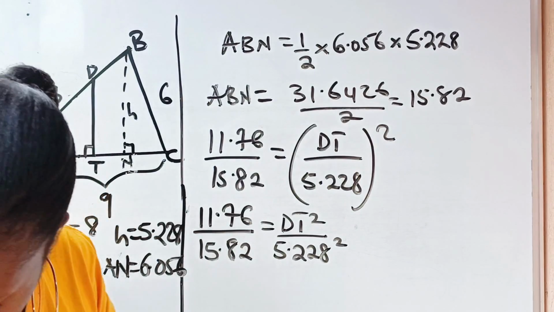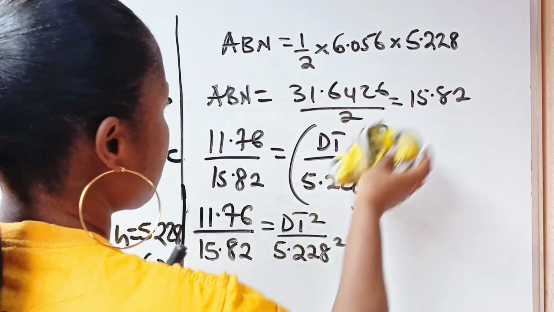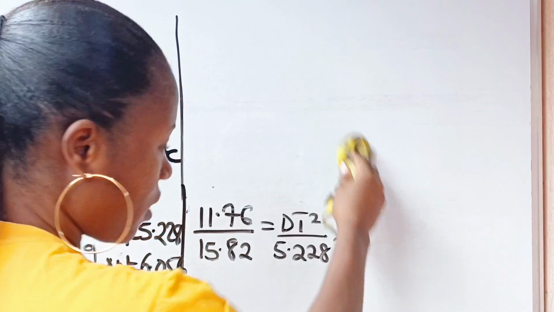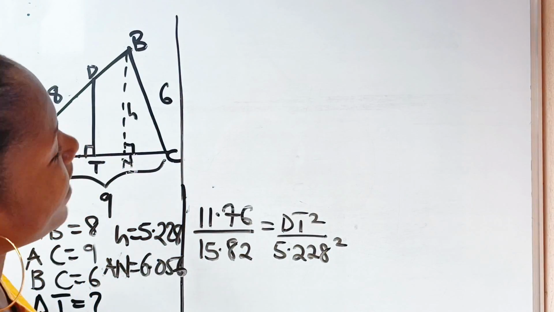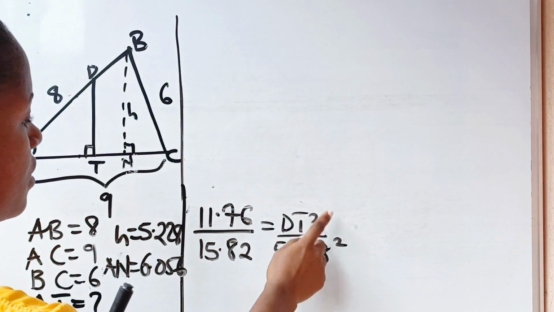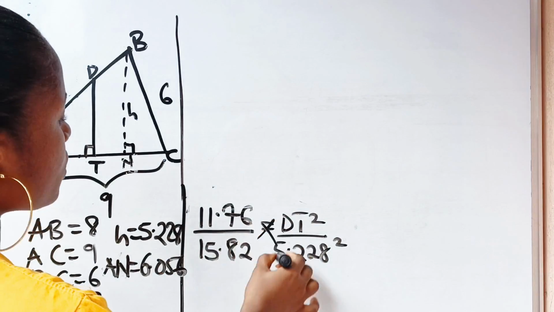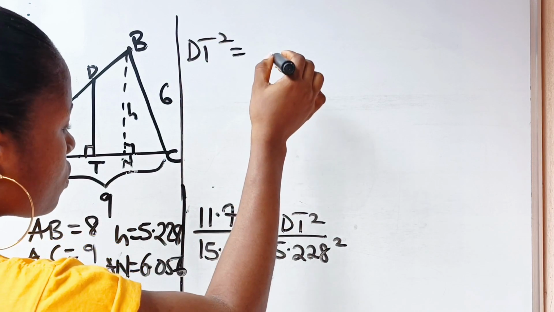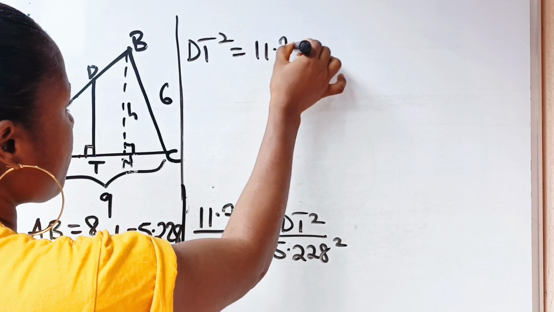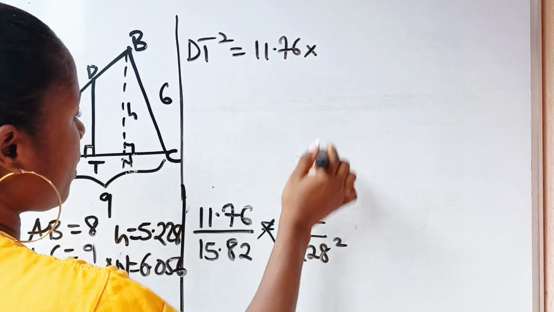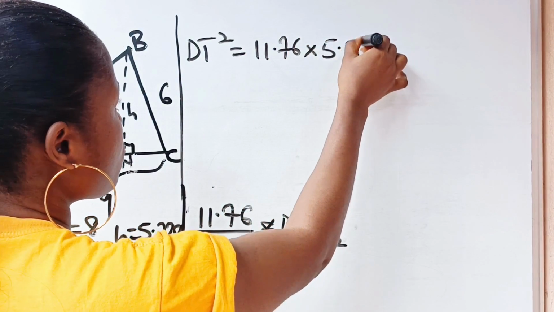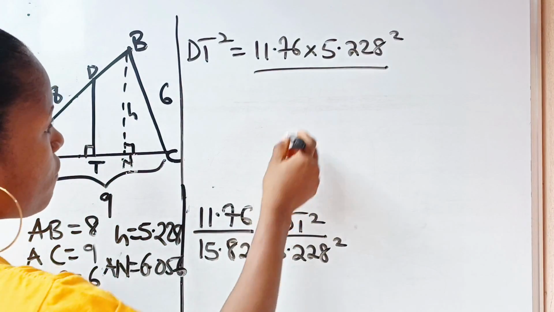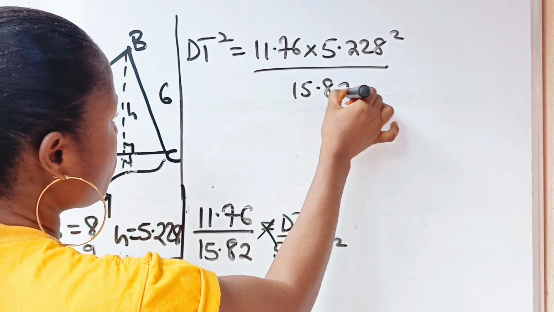Like I said, I'm trying to be as fast as possible. I don't want this video to be too long. It's already long. So if we make DT squared the subject of the formula by cross multiplication, DT squared is equal to 11.76 multiplied by 5.228 squared, divided by 15.82.